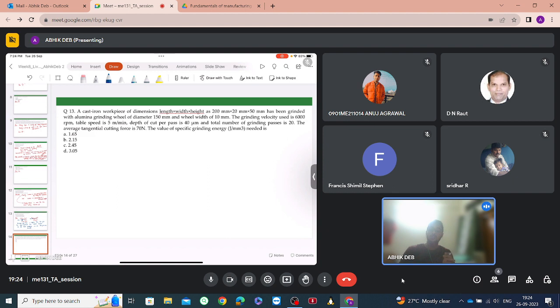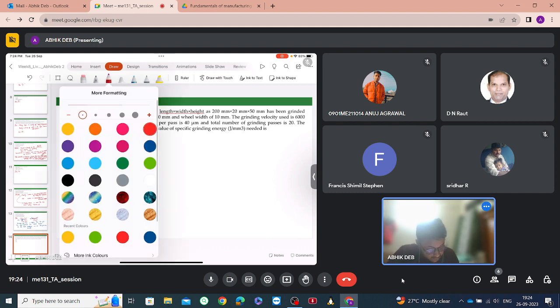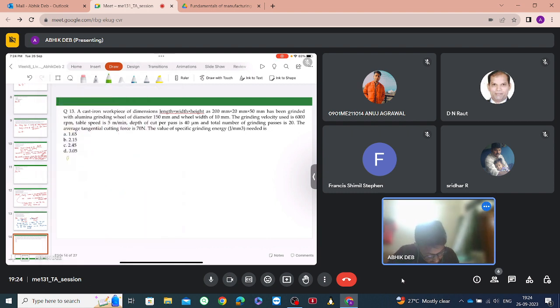For the solution, let me first draw the schematic of the process.